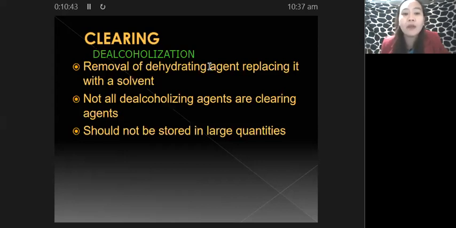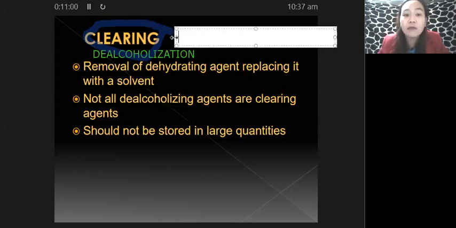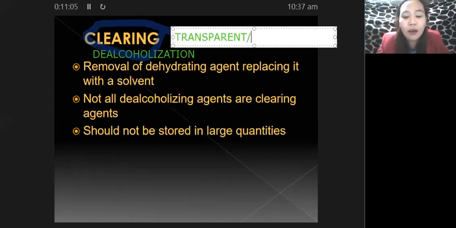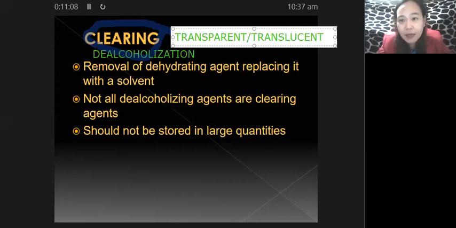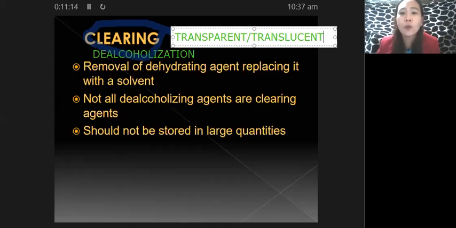So apart from the removal of your dehydrating agent, the term clearing actually comes from the fact that this particular process involves making your tissue samples transparent or translucent. So ginagawa natin siyang clear, in short, okay? So we are making your tissue sample clear, transparent or translucent.